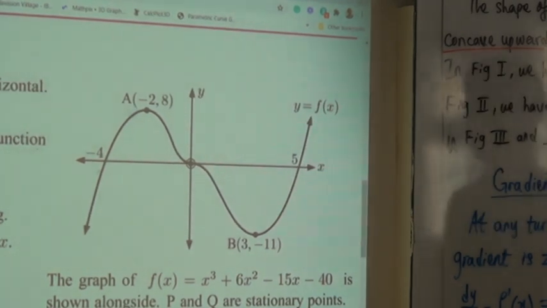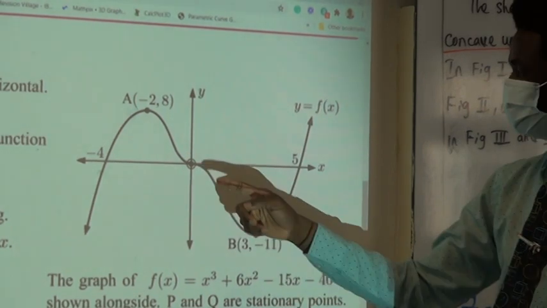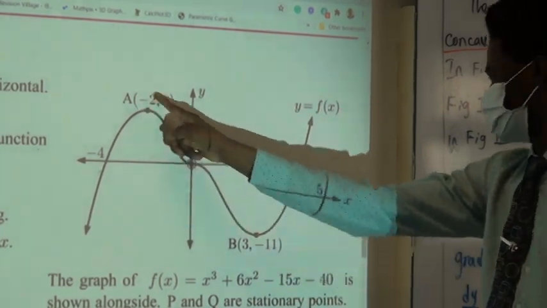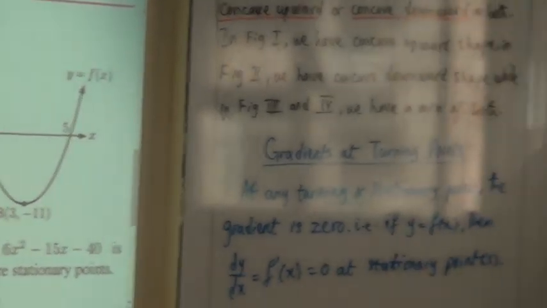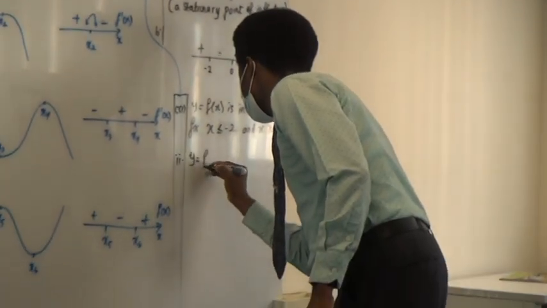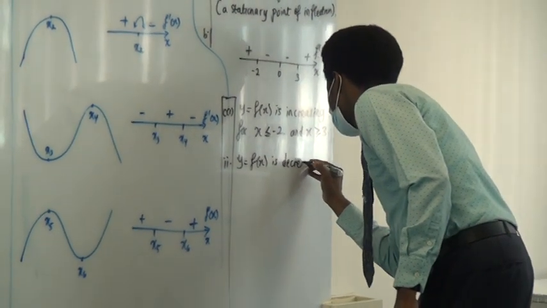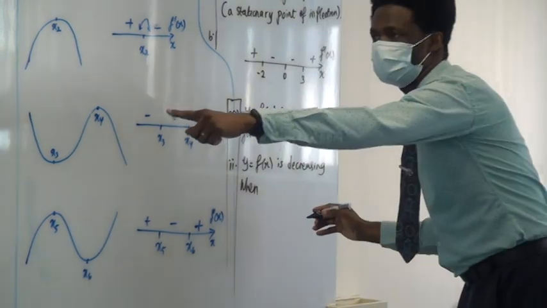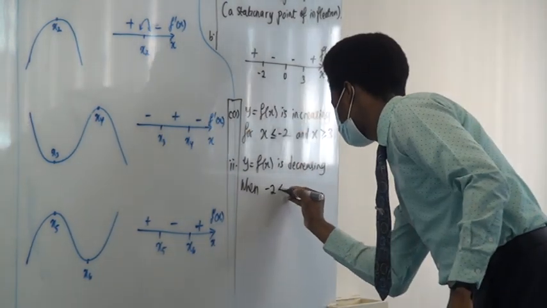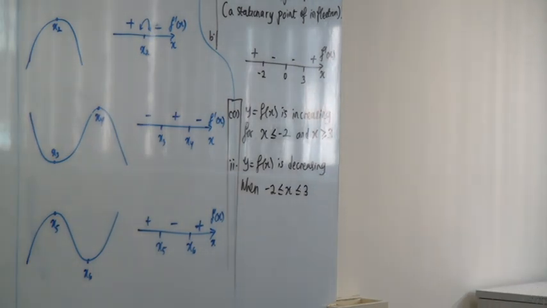It's decreasing from here to here, and since we always include the boundary, we can just say it's decreasing from here to here. Does that make sense? So, y equals f of x is decreasing when -2 less than or equal to x less than or equal to 3. Questions?